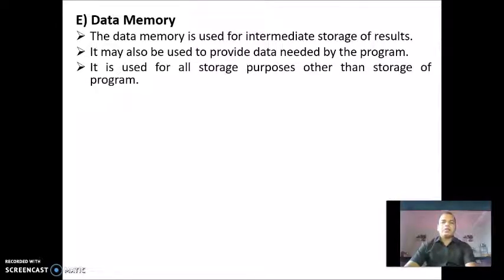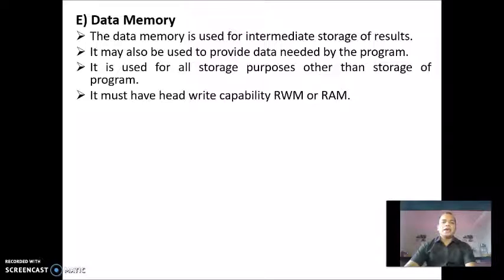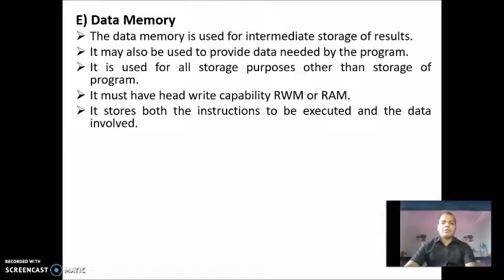It is used for storage purposes other than storage of programs. It must have read write capability, RWM or RAM. It stores both the instructions to be executed and the data involved.